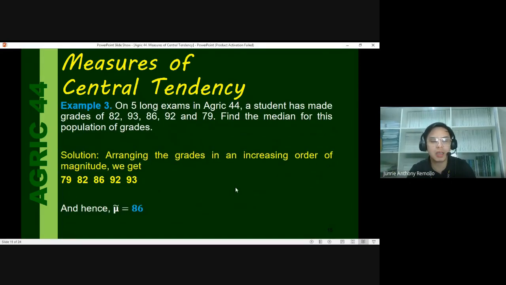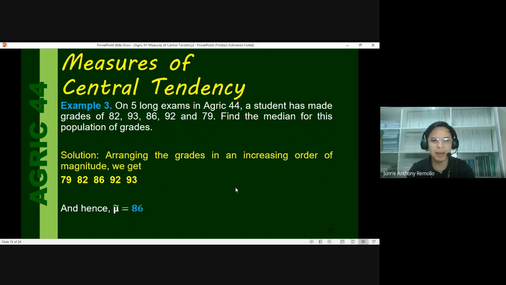Okay? So example: on 5 long exams in Agric 44, a student has made grades of 82, 93, 86, 92, and 79. Find the median for this population of grades. So first, we need to arrange the grades in an increasing order of magnitude. Then we get 79, 82, 86, 92, and 93.